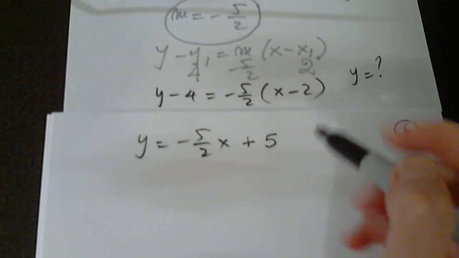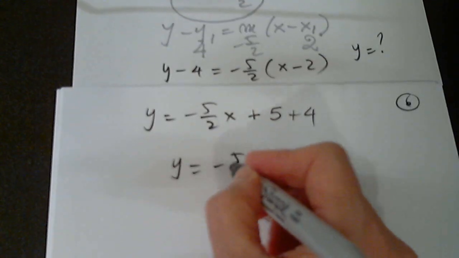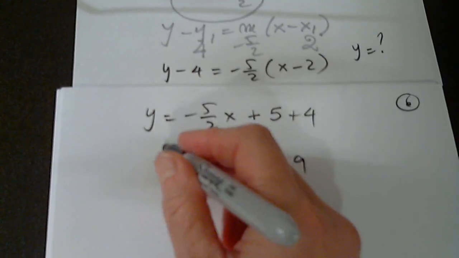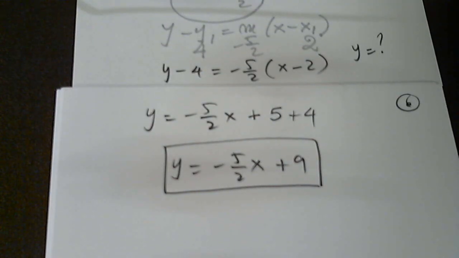When you bring 4, you change its sign. That's all you need to do. y equals negative 5/2 x plus 9. And this is it. Given the 2 points, I was able to determine the equation of the line passing through those 2 points. There is no other equation that passes through those 2 points.